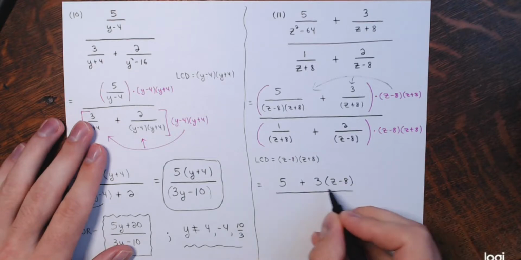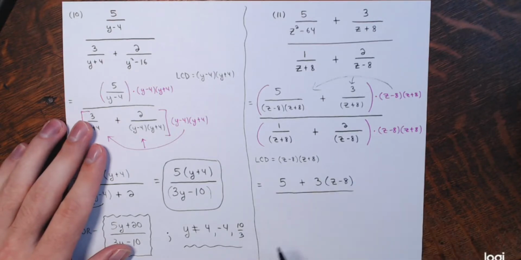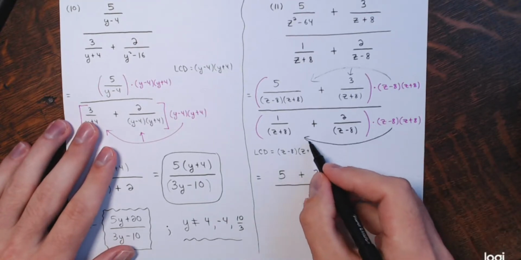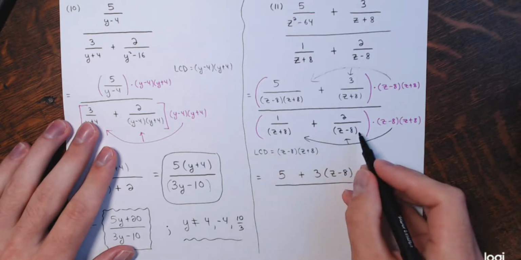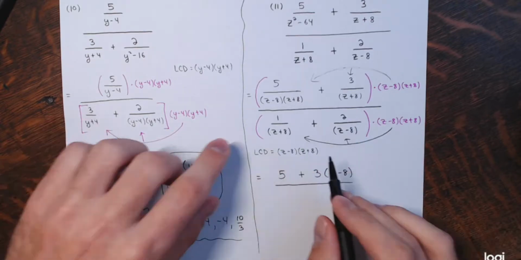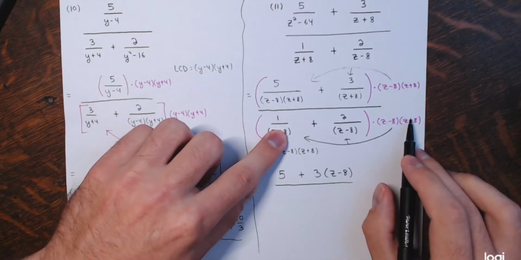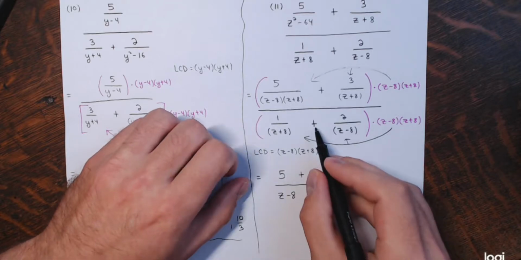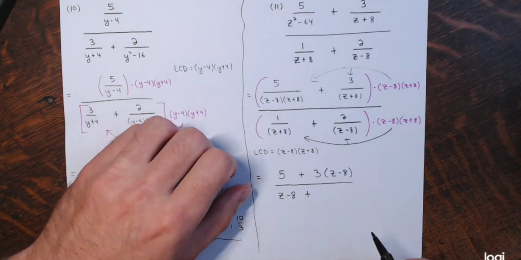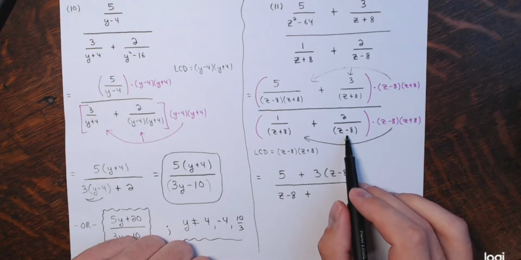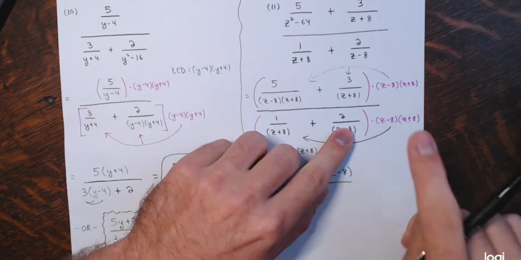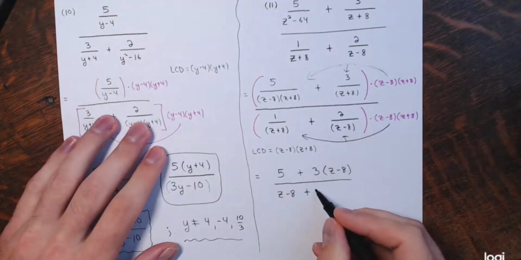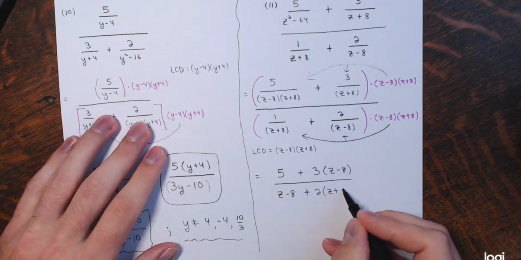We'll simplify that in a second after multiplying the 3 by the z minus 8 and then adding 5. In the denominator, again, I'm distributing the LCD to both fractions. First fraction, z plus 8 would cancel, and I'd be left with 1 times z minus 8, which would just be z minus 8. And we have plus. Then the second fraction of the denominator, the z minus 8s would cancel, and I'd be left with 2 times the quantity z plus 8.